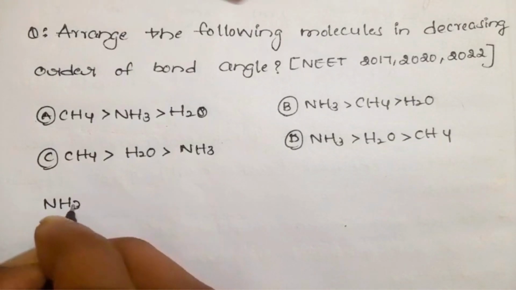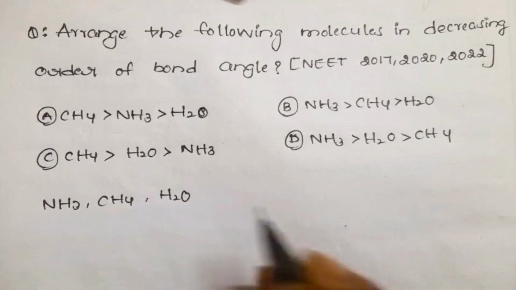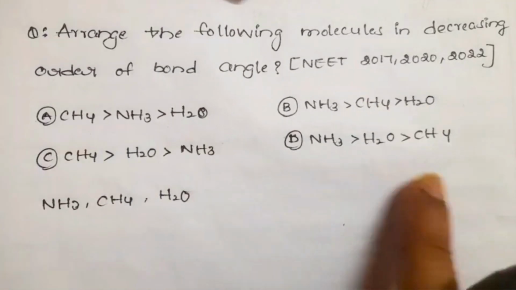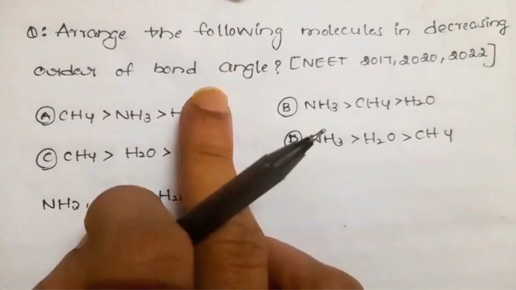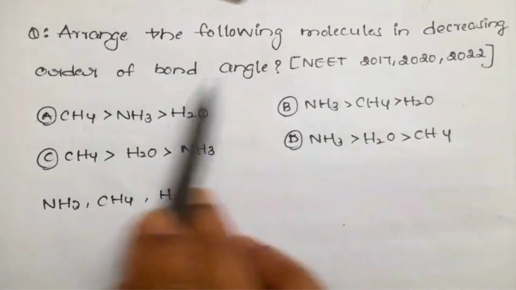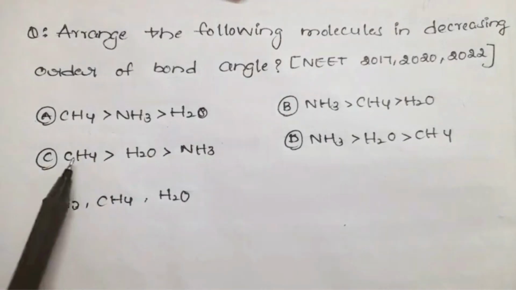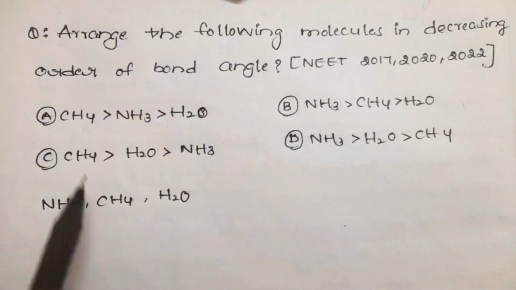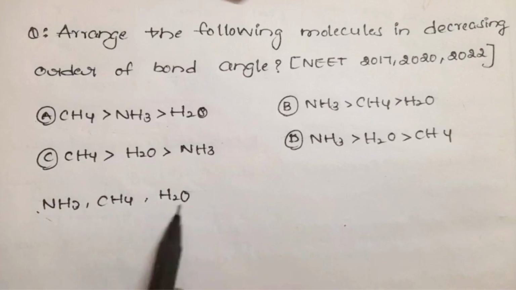NH3, right? They give three different types of molecules here: NH3, CH4 and H2O. So here the bond angle depends on the number of lone pairs around the central atom.